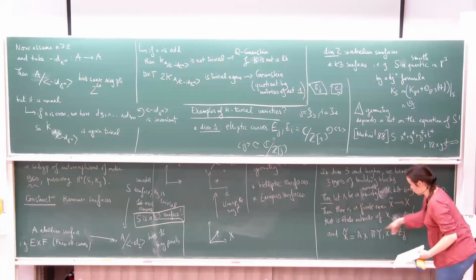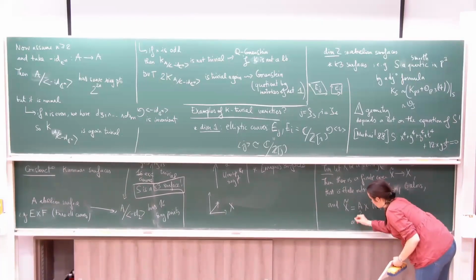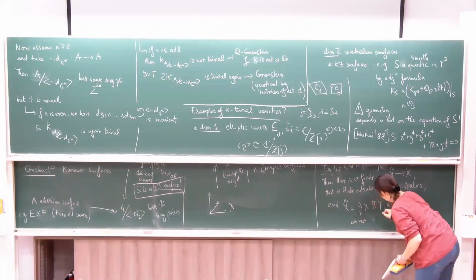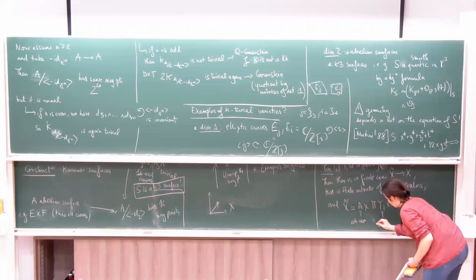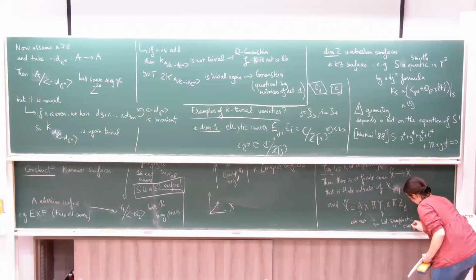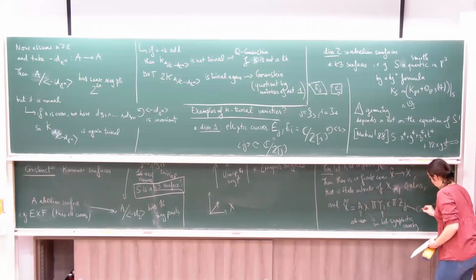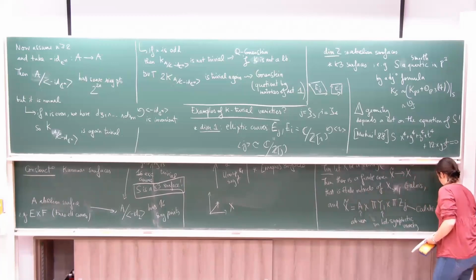And here those are the 3 building blocks. This is an abelian variety. This is an irreducible holomorphic symplectic variety. And this is a Calabi-Yau variety.